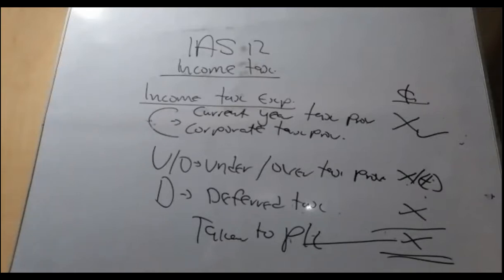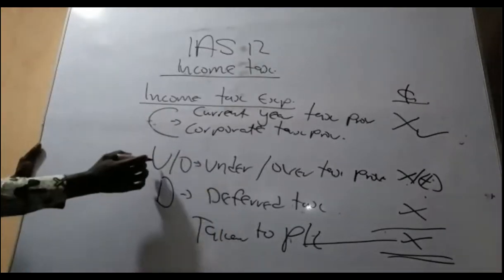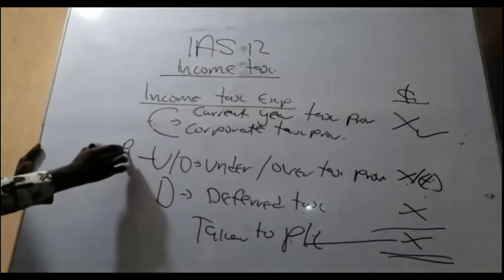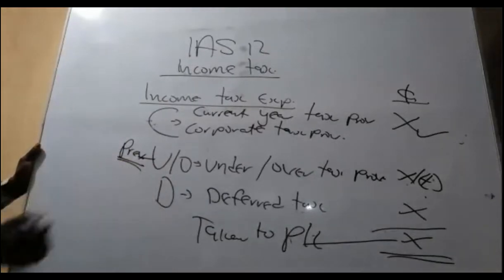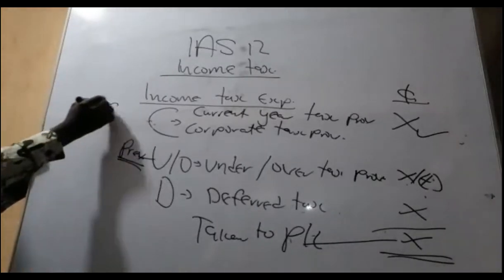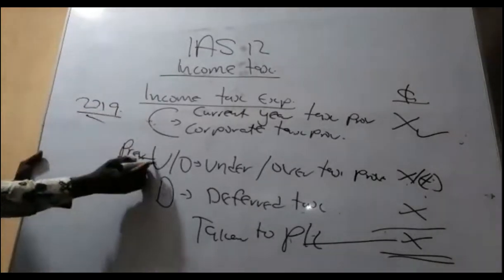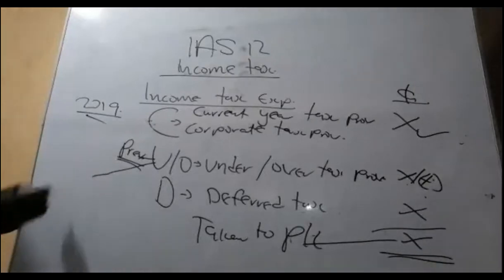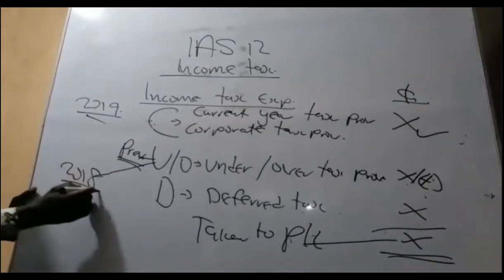So now let's assume that, and it's always for the previous year. In fact, it's for the previous year because they can only confirm the previous year for you. You are now preparing the current year financial statement. So take notes. Sometimes the examiner will use dates. They will not inform you that this is the previous year. No, they will use dates. If I am preparing the financial statement for 2019, then I can only get under or over for 20 what? 18.